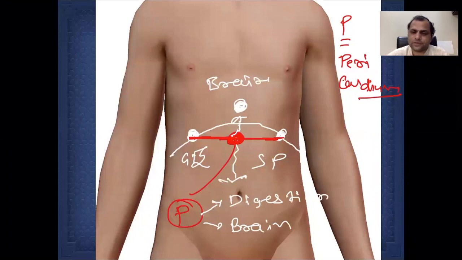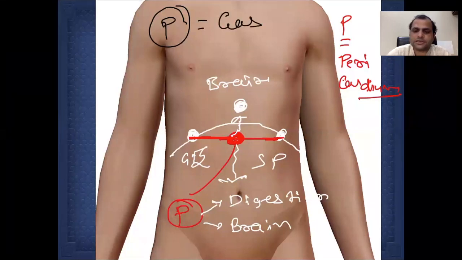So the pericardium shows 2 conditions. Number one, gas, acidity in digestion. And number two, a problem in the brain.